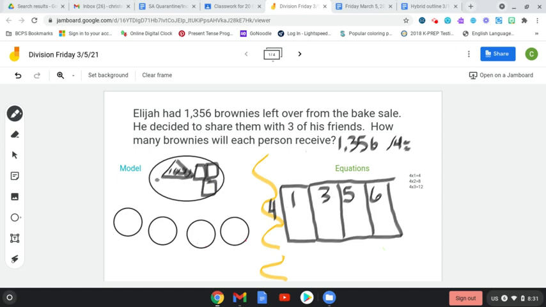There's 5 tens. And 6 ones. And with the 6 ones, I'm going to put it in an array. I think that's a little bit easier. So I'm going to do 2 rows of 3. All right. So now we're ready to divide.